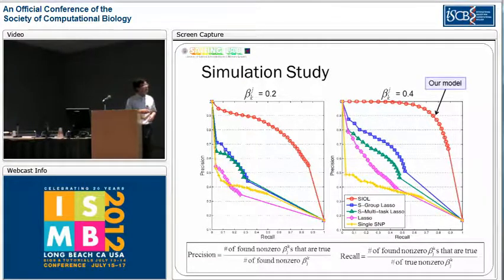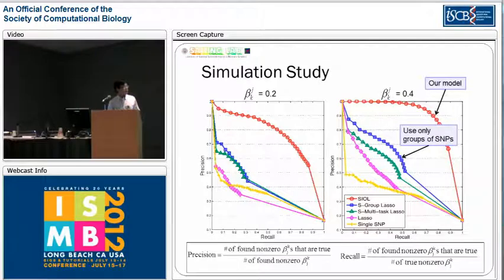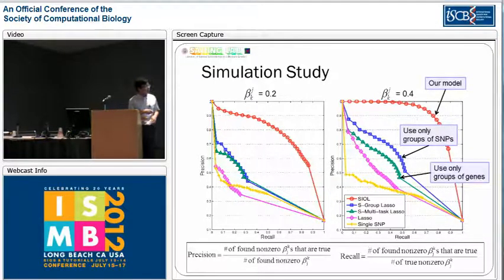This curve represents the results for our model. This curve represents the results for the model with only groups of SNPs. This curve represents the results with only groups of genes. This curve is for Lasso.